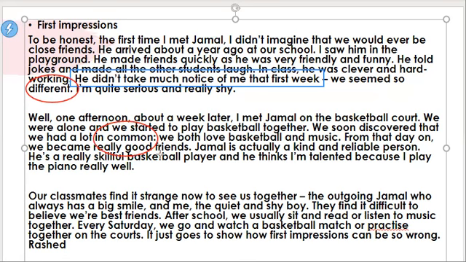إنهم بالفيرست امبريشن بالفقرة الأولى فكر إنهم different بس لما تعامل معه ولعب معه وشاركوا أفكاره اكتشف إنه لأ هم مشتركين وصاروا friends. In the last paragraph, our classmates find it strange now to see us together. The outgoing Jamal, who always has a big smile, and me, the quiet and shy boy.